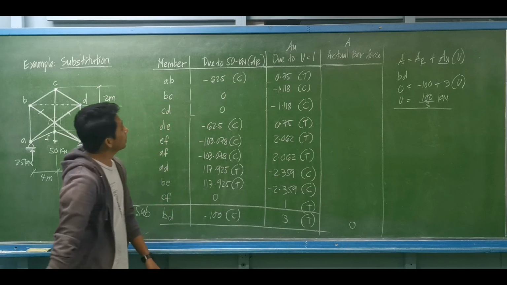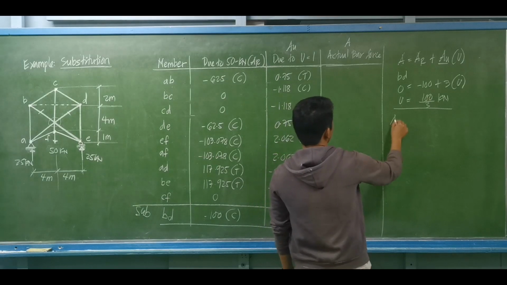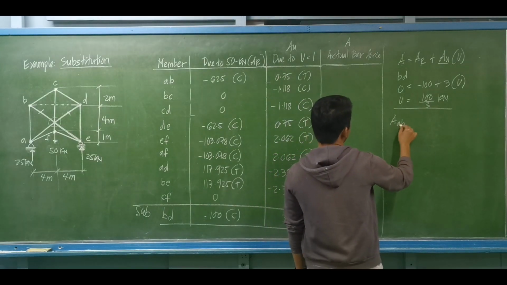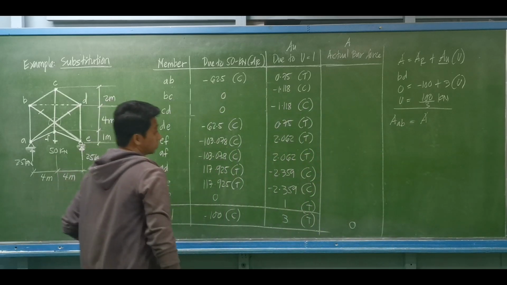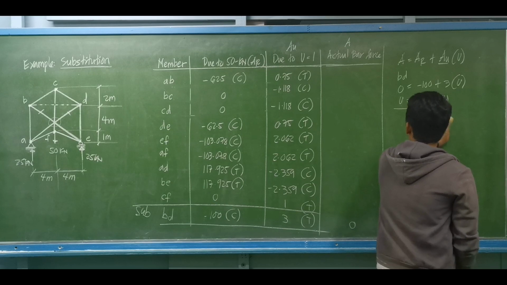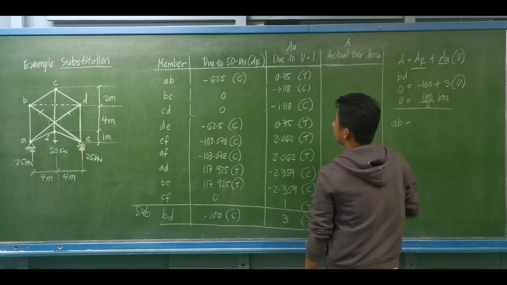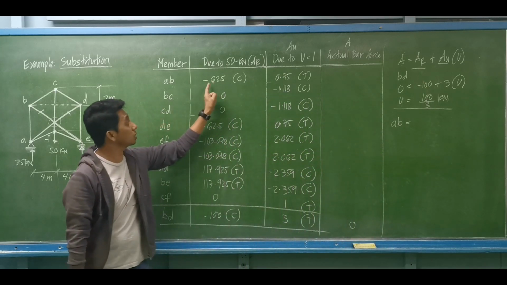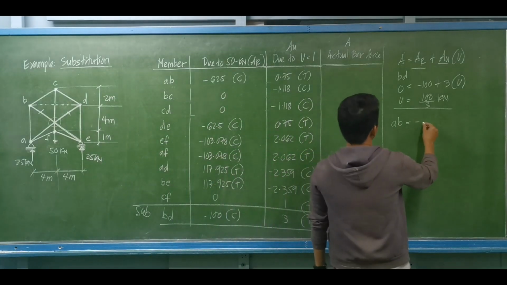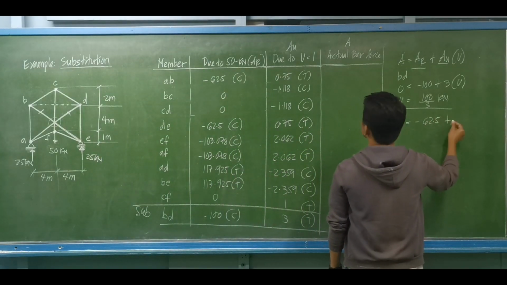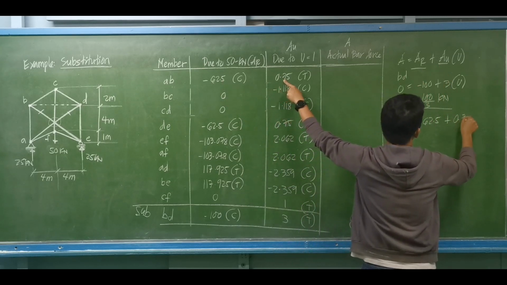100 over 3. So for example, we are going to compute for member AB. The actual bar force for AB is equal to A sub R. What is the A sub R for member AB? It is negative 62.5 since under compression. So this is negative 62.5 plus A sub U for member AB, that is 0.75.